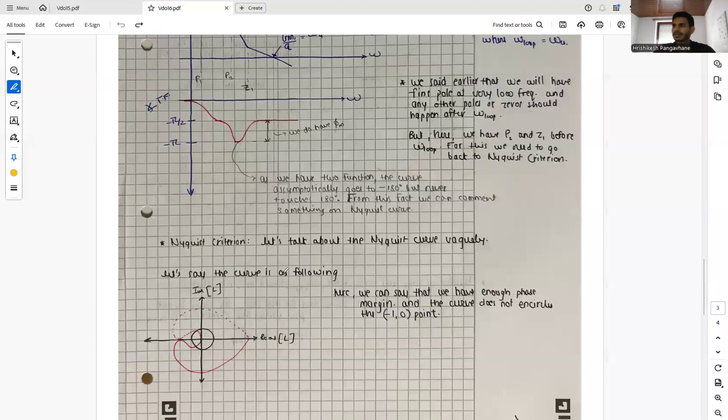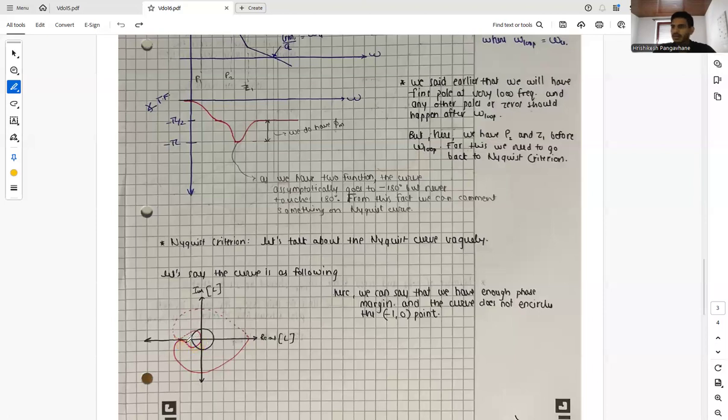So let's say the curve is as following, where it starts with a value, and it approaches the origin as our phase goes down. And from here, due to the effect of the zero, our phase again goes up. So it again goes in this manner, and it approaches zero.